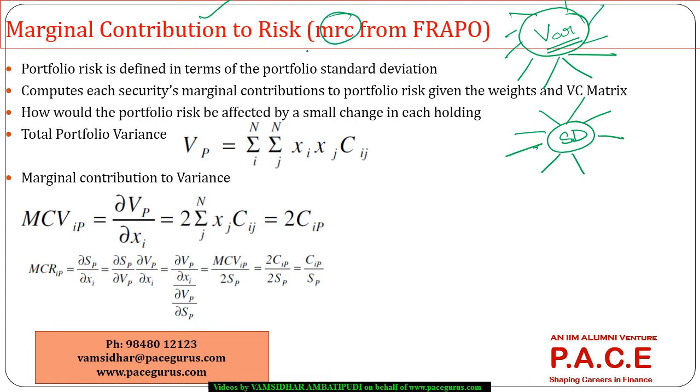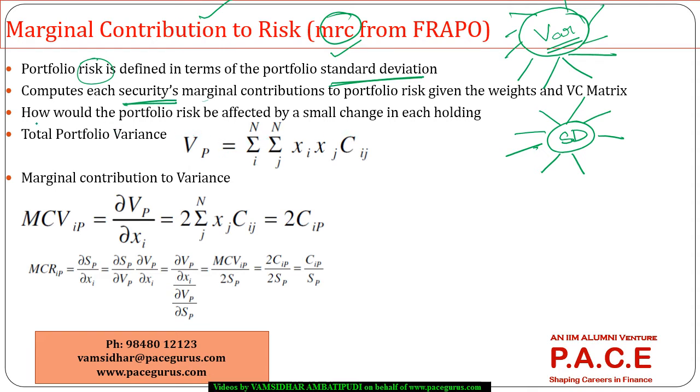We'll be using the MRC function from the Frapo package, but first let's understand the conceptual part of it. When I'm talking about the overall portfolio risk, we are measuring it as the overall standard deviation, not the variance. And when my objective is to find the marginal contribution to risk, each security's marginal contribution to the overall portfolio risk is what we have to compute.